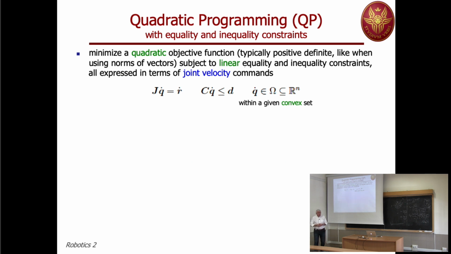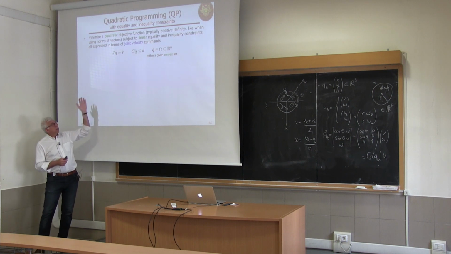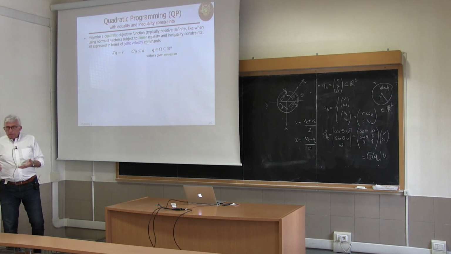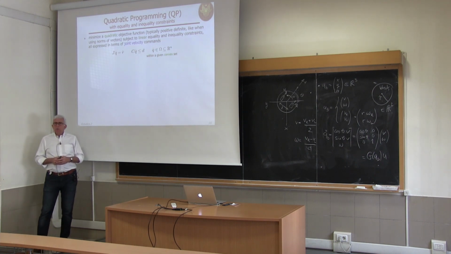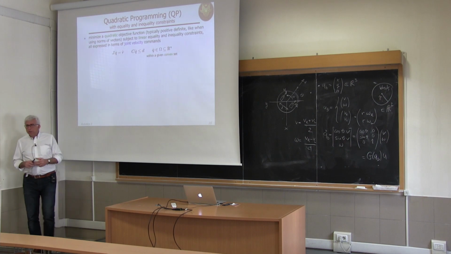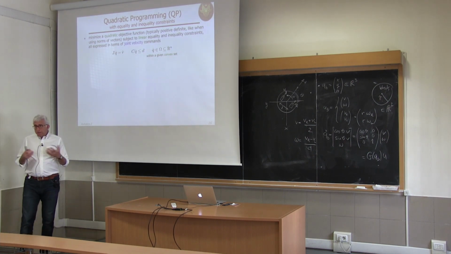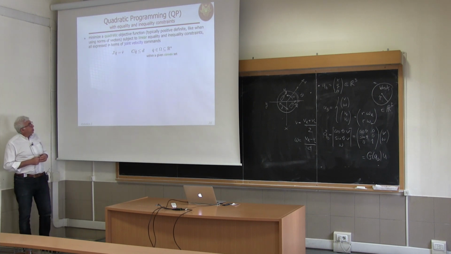of things. In particular, you may also consider the equalities transformed into a double set of inequalities, because if you impose that J q dot is less or equal than r dot and J q dot is greater or equal than r dot, then you will have 2 inequalities, and the second one you can change the sign and have it in the form of that inequality, but this is not the most efficient way of dealing with this constraint.